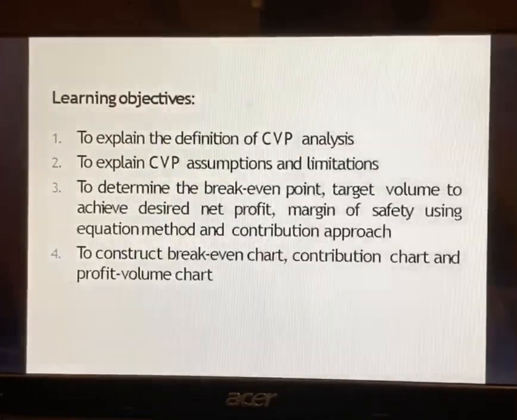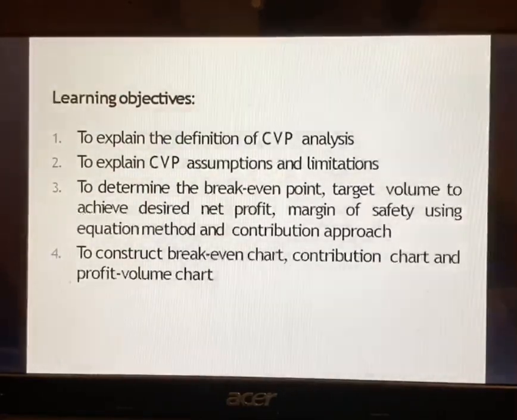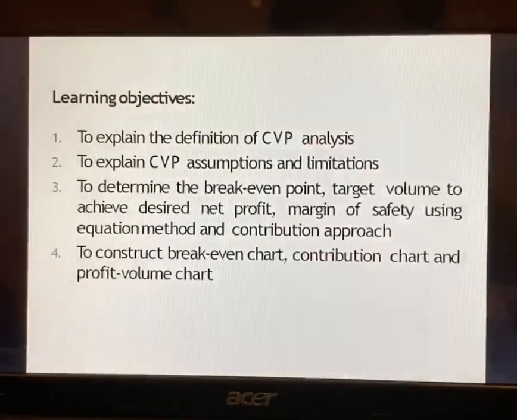The learning objective number 3 is to determine the break-even point, the target volume to achieve desired net profit, the margin of safety using equation method, and the contributions approach. And the learning objective number 4 is to construct the break-even chart, contribution chart, and the profit volume chart.